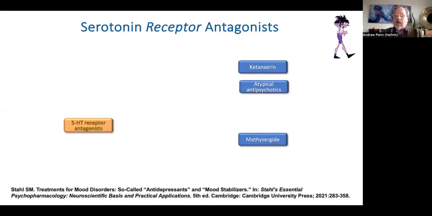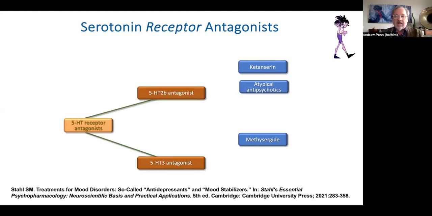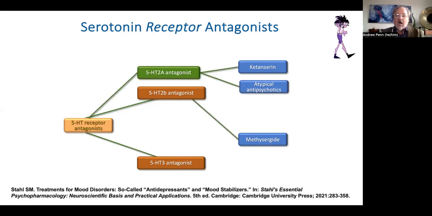And then sometimes we block serotonin receptors. So these are some serotonin receptor antagonists. Apologies about the animation on the slide here. The serotonin 2A antagonists are probably most familiar to people watching this. This would be your second generation, sometimes called atypical antipsychotics. Trazodone and mirtazapine are also serotonin 2A antagonists.